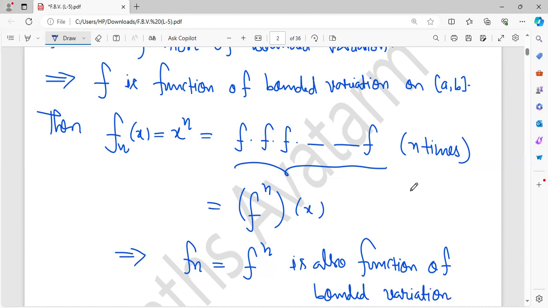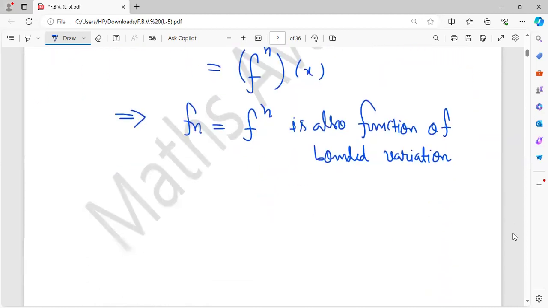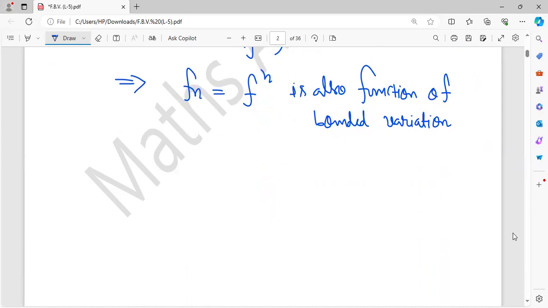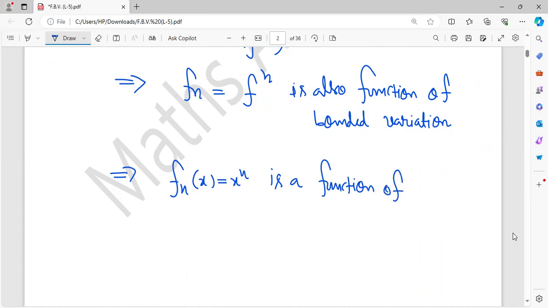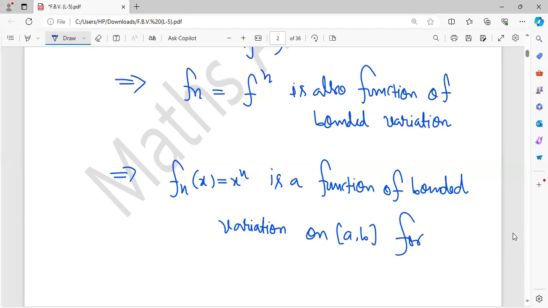So f_n(x) equals x to the power n is a function of bounded variation on [a, b] for any natural number.